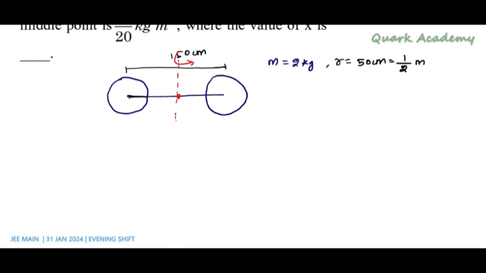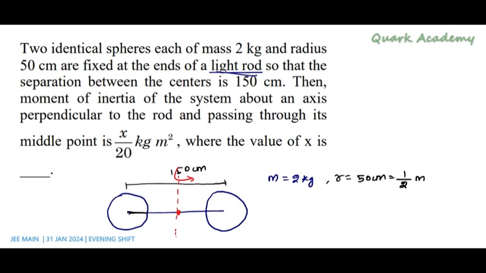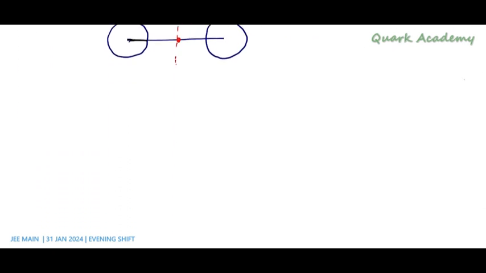Since they haven't mentioned what sphere it is, by default we can consider it as a solid sphere. If we find the moment of inertia about an axis passing through the center of mass, it is going to be 2 by 5 m r squared.